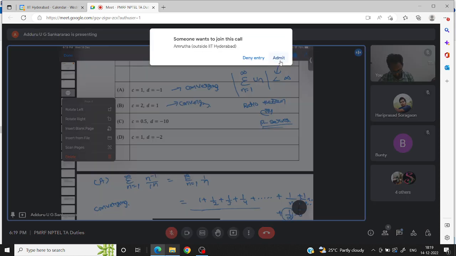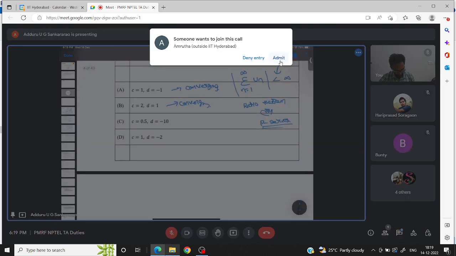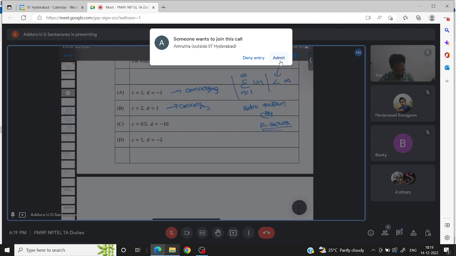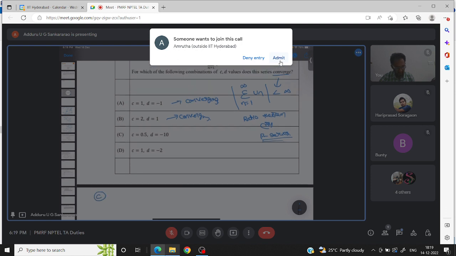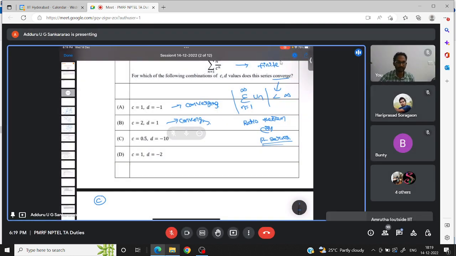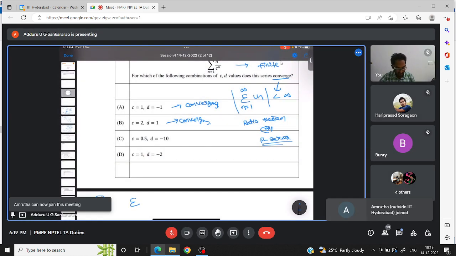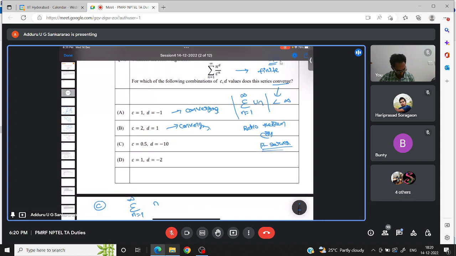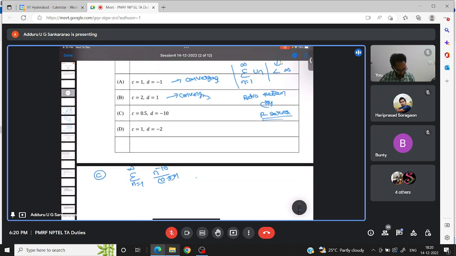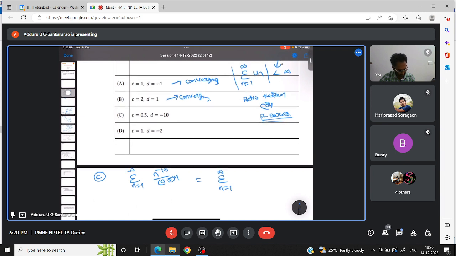Let us see the third one. For the third one, c equal to 0.5 and d equal to minus 10. So our summation becomes sigma n equal to 1 to infinity n power minus 10 by 0.5 power n. Can we write this like 2 power n by n power 10?